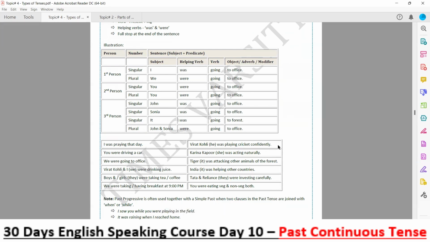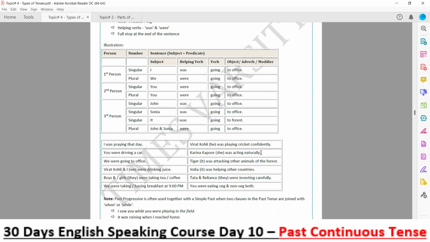If we talk about the last match, which was in the past, and somebody would like to express how Virat Kohli was playing, they can say Virat Kohli was playing cricket confidently. And if we give our review about the acting in Kareena Kapoor's last film, we can say Kareena Kapoor was acting naturally.